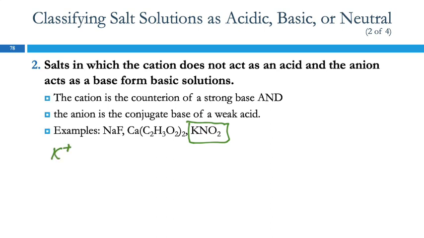Well, there's K plus and there's NO2 minus. So we're wanting to know if this is going to act as a base. What's the conjugate acid? It's HNO2. Strong or weak? Weak. So this will act as a base.